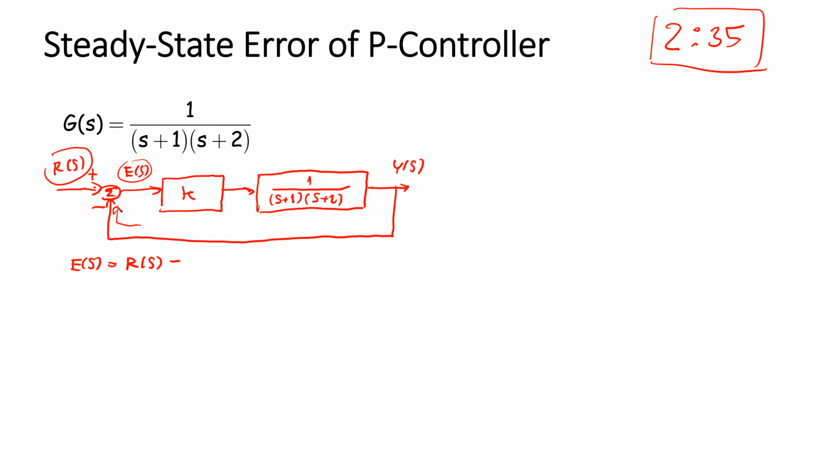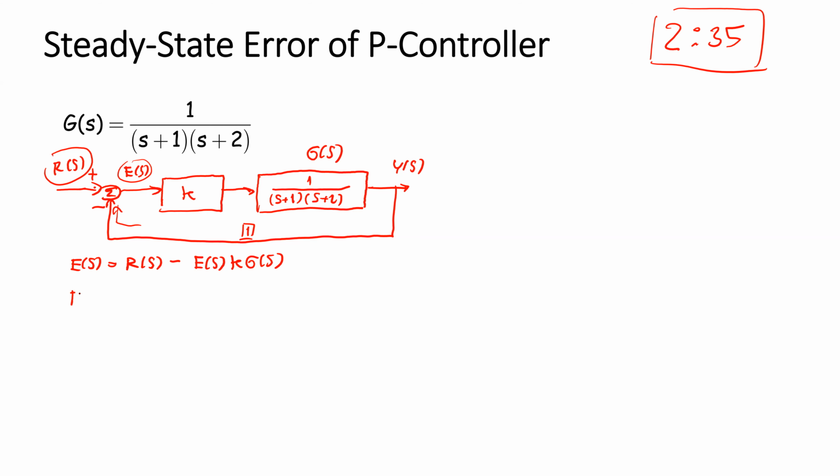The feedback is equal to the error multiplied by K and multiplied by the plant, because our feedback, the ideal sensor transfer function, is 1.